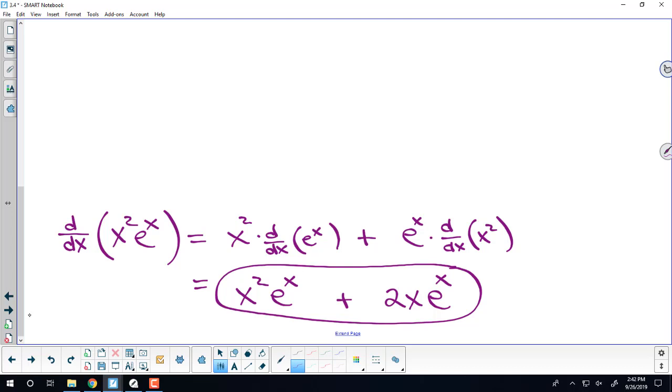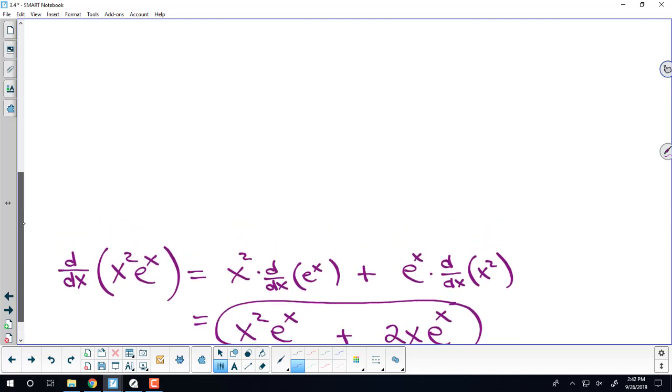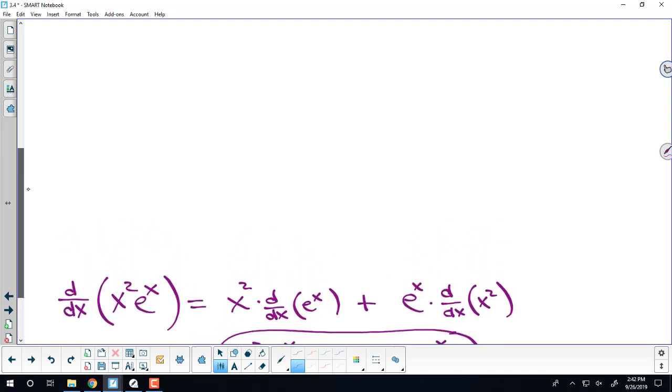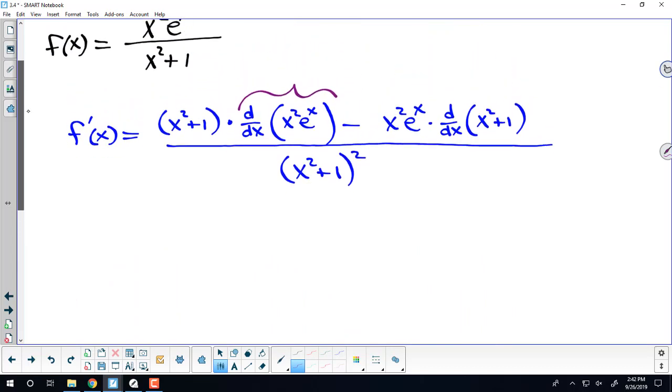That's an aside piece to our main problem. So we're going to take that, x squared e to the x plus 2x e to the x, and plug that back in for this derivative here.